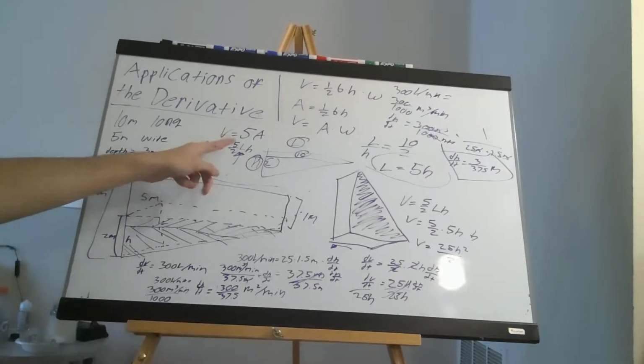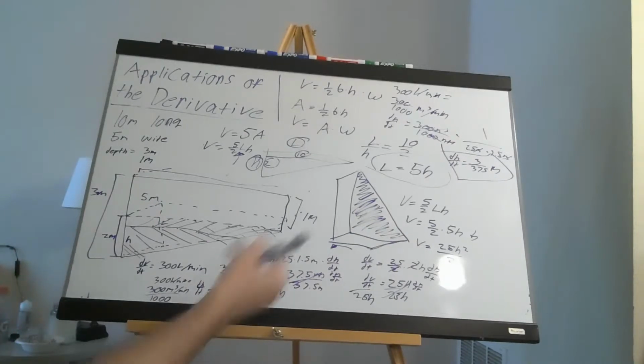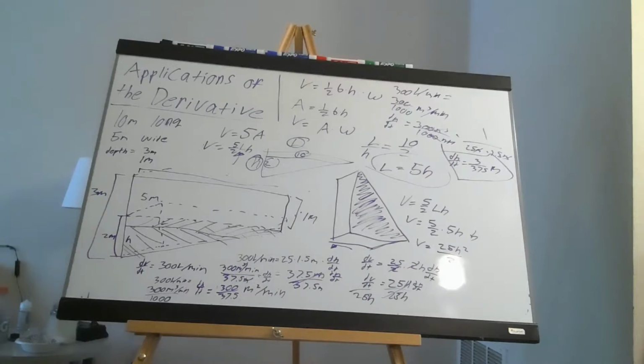That's right, it's 5. We plugged in W as a constant because we don't have to worry about W. Then the length we solved as 5H using that proportion. So now we're left with V equals 5 over 2 times length times H. We plugged in 5H, and 5H times 5 over 2H gives us 25 over 2 times H squared.